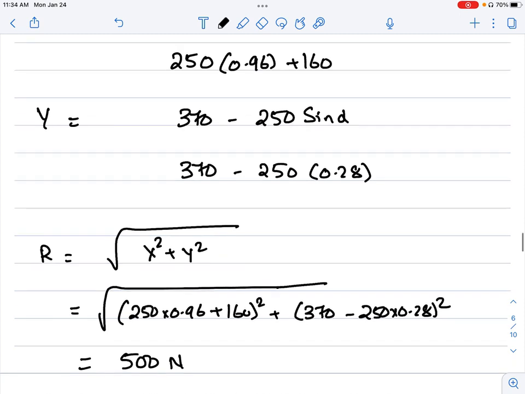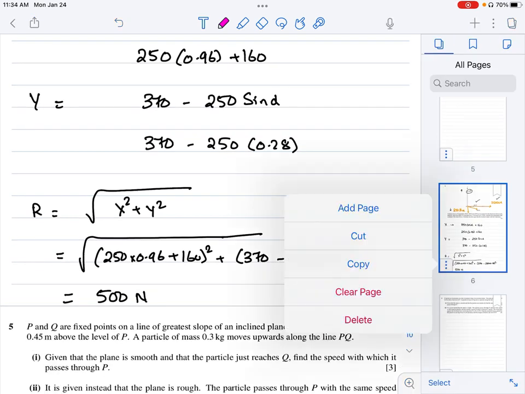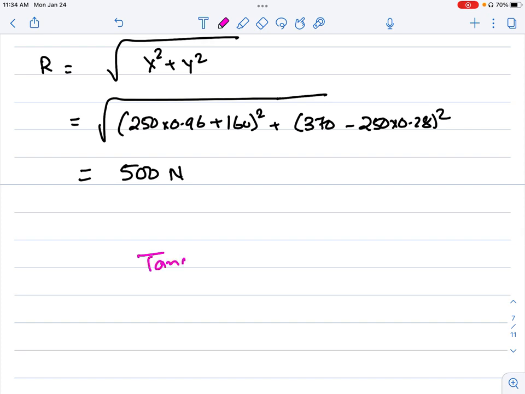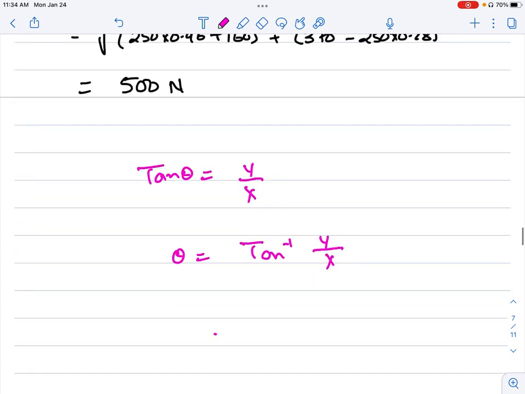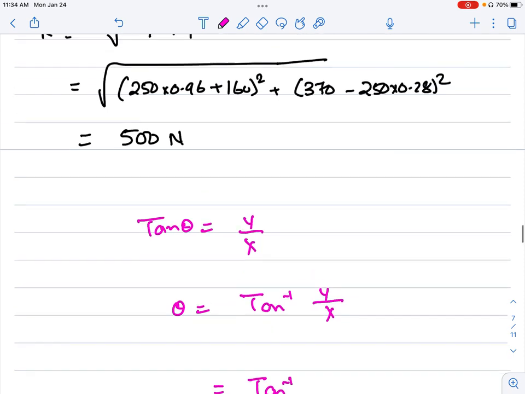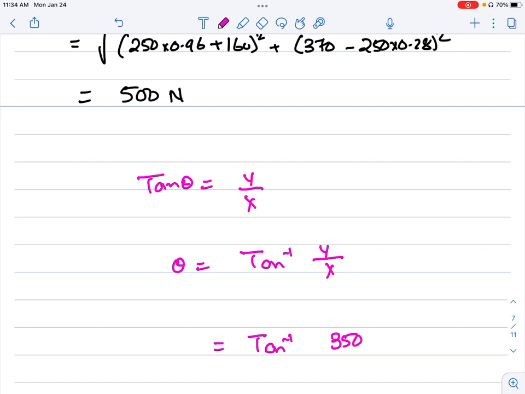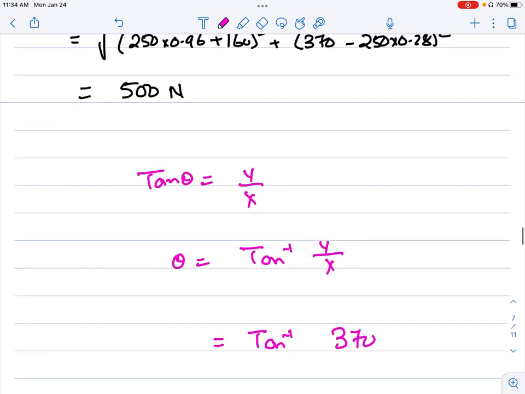Now the angle is also asked. So for the angle, what are we going to do? Tan theta is equal to y upon x. So theta is equal to tan inverse of y upon x. The y value is 370 minus 250 times 0.28.